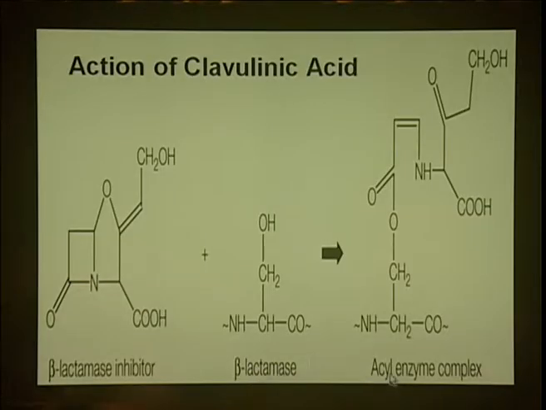For this reason, this group of penicillins, cephalosporins, and vancomycins are of no use against such bacteria. Those bacteria can be killed by another group of antibiotic called beta-lactamase inhibitors, meaning that before the bacteria produce the enzyme beta-lactamase, it is blocked by the inhibitor, like clavulanic acid, which will produce an acyl enzyme complex, and thereby this beta-lactamase cannot bind with the active site of the penicillin molecule.